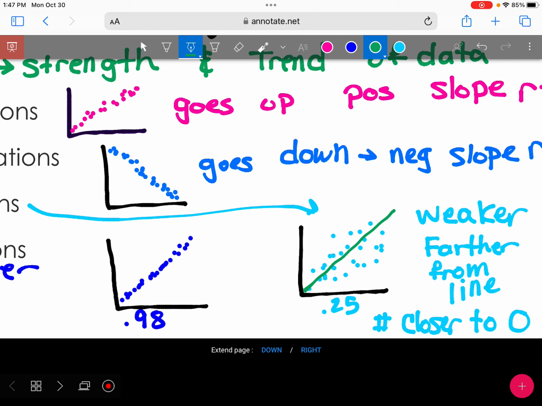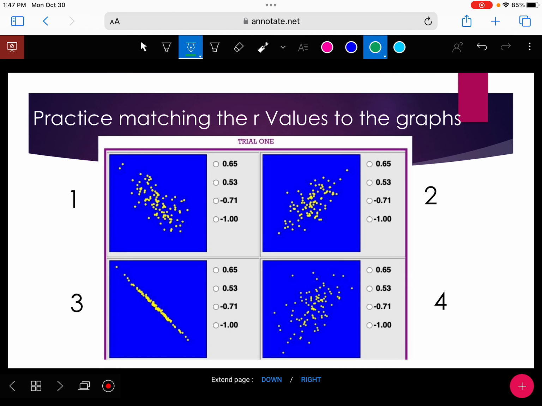So what we're going to do is practice comparing R values to graphs. If you go onto Canvas, I think this one does kind of work on your phone, but it works way better on the computer because the website's from like 10 years ago. On your computer, there is a link that pulls up this kind of picture, and it's going to have you practice matching R values.